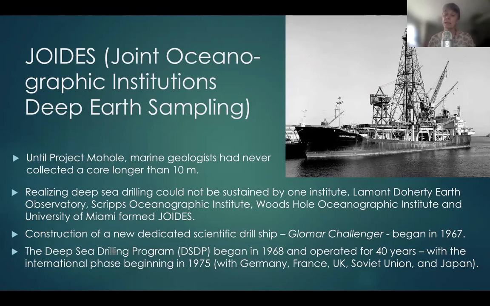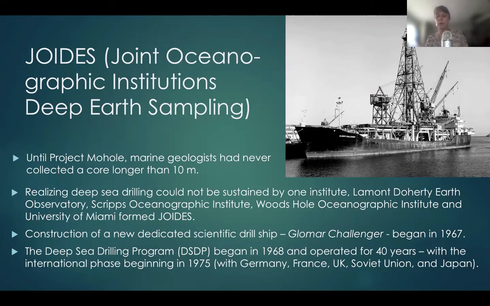And drilling began in 1968 and the ship operated for about 40 years, but it was only sustained by JOIDES for the first 5 to 7 years, after which it was realized that to maintain this, we needed to have international buy-in. And so Germany, France, the UK, Soviet Union joined in, and it became an international program. And as such, it is the longest running international program in earth sciences.